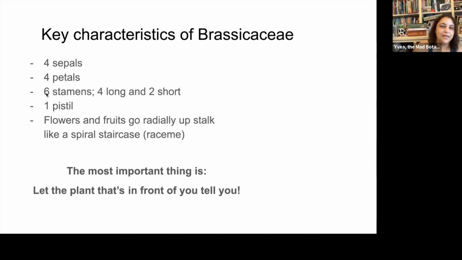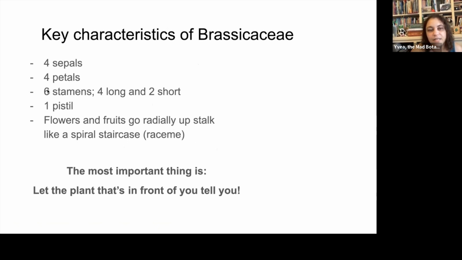All right, so just to reiterate, our key characteristics are our 4 sepals, our 4 petals, our 6 stamens, 4 long and 2 short, our 1 pistil, and one more thing, flowers and fruits will go radially up the stalk like a spiral staircase, and we call that a raceme. Although that name is not important, it's more important to know that they go up like a spiral staircase when you're looking at it.